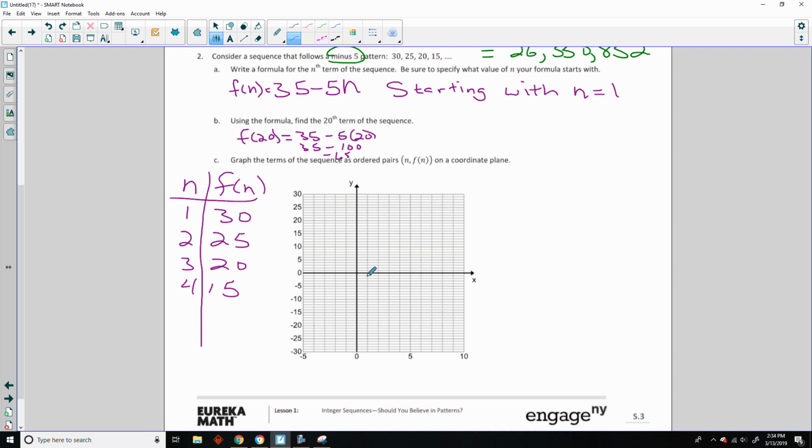So 1 comma 30 is right here. 2 comma 25 is here. 3 comma 20, 4 comma 15, and so on. So there it is, graphing the terms of the sequence as ordered pairs on the coordinate plane. So it's linear with a slope or a rate of change of negative 5 and a y-intercept of 35.